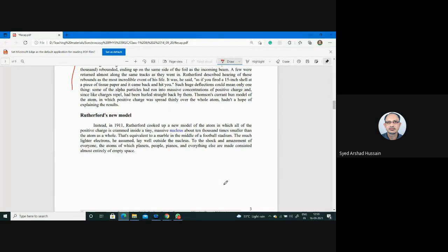And at the same time, almost all objects, including planets, human beings, every material, are made using atoms. So if you analyze, one can say that most of the things within the physical observable are empty. So this was amazing.